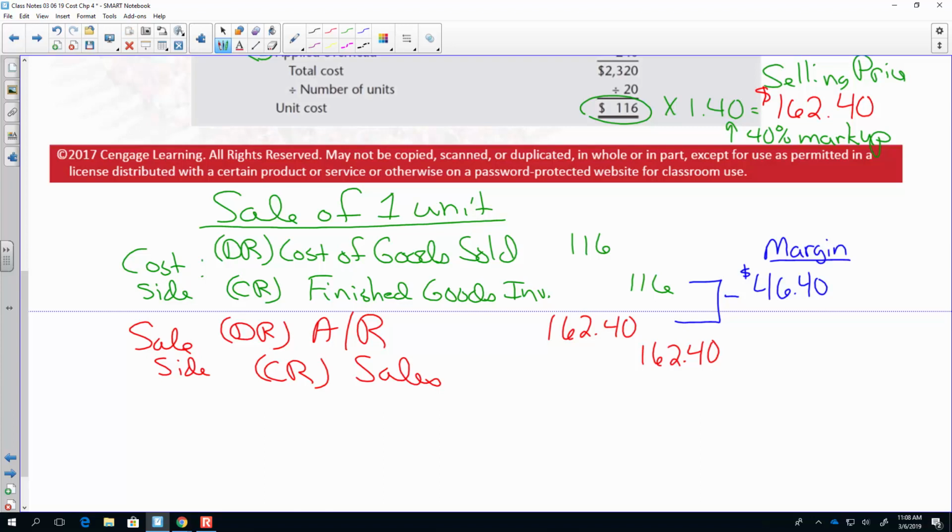So that's what we're trying to do as accountants, is figure this out so that we can understand, and then how do I improve or reduce that number? That's the fascinating part. I'm at 116. How can I get it down to 115, 112? Not making $49, $50 per unit sold. That's very important to know, because if I don't know what my cost is per unit, how can I improve it?